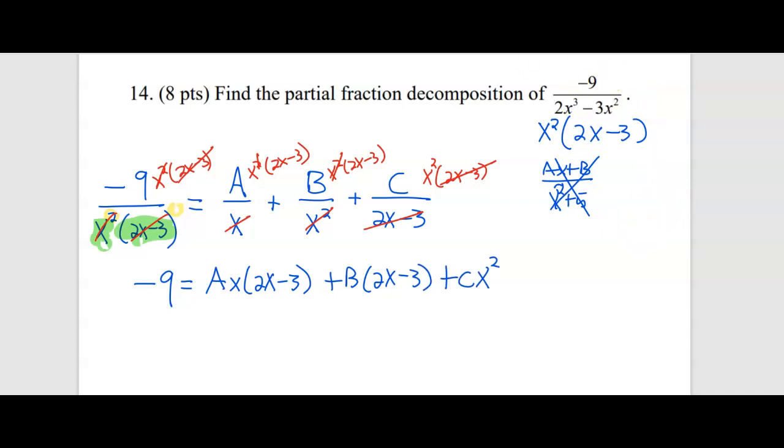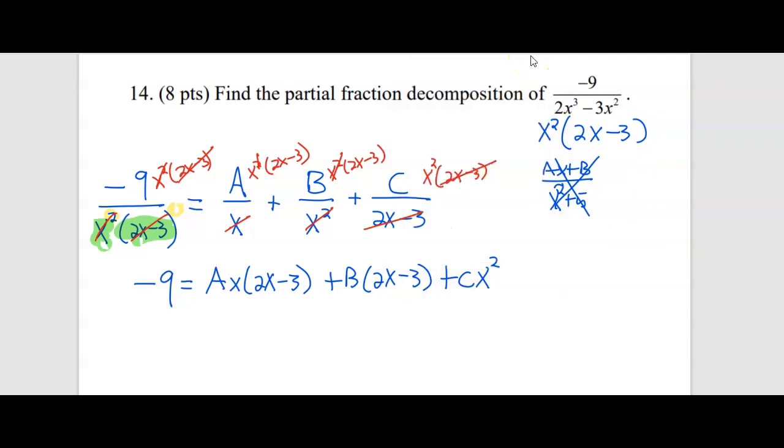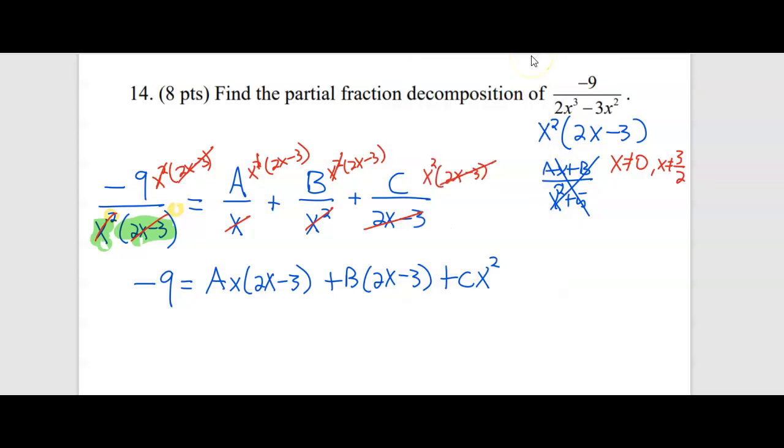Okay, now an interesting thing happens on these problems. Since we have a denominator, we have domain issues. Specifically, x shouldn't be 0 and x shouldn't be 3/2, or else when we plug them in, we get divide by 0. Those values end up being the perfect values to use after we clear fractions.